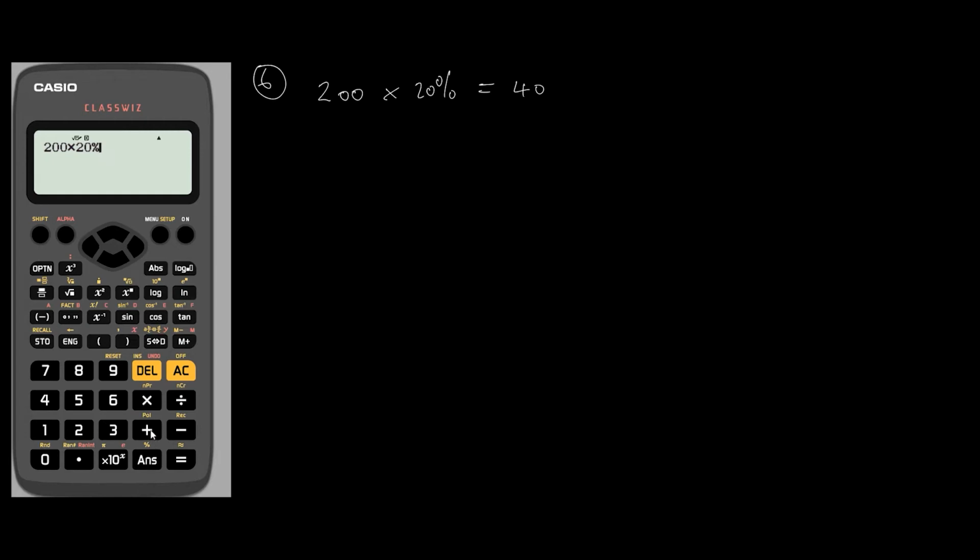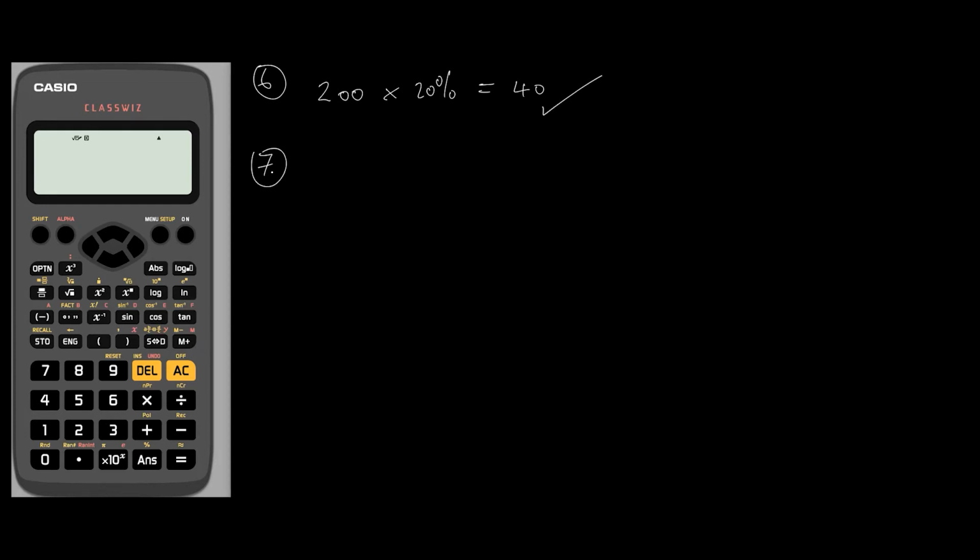And then I think we just hit equals, okay, and we arrive at our answer, 40. You could think of many more complex examples, but just follow that process that I've just inputted onto the calculator there.